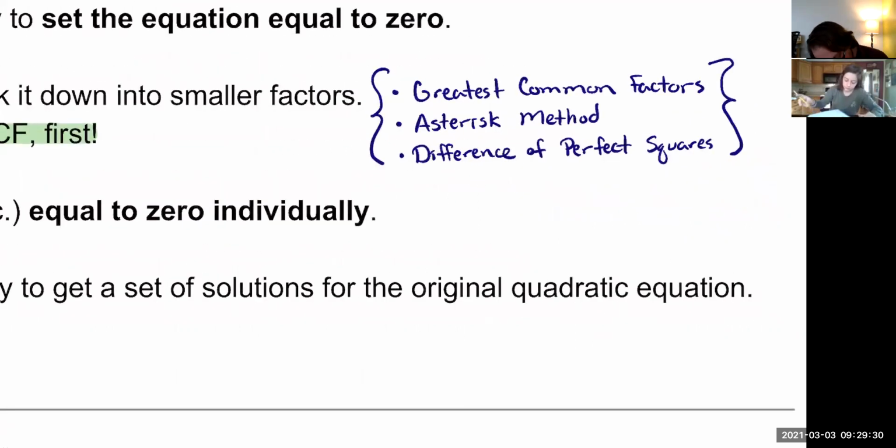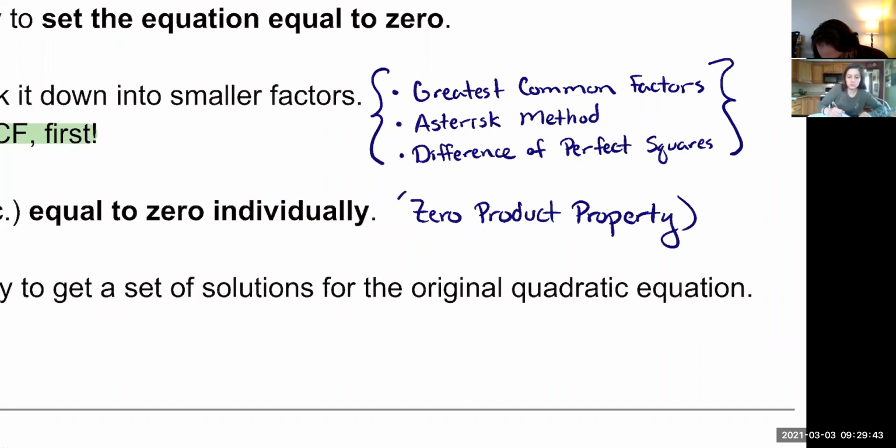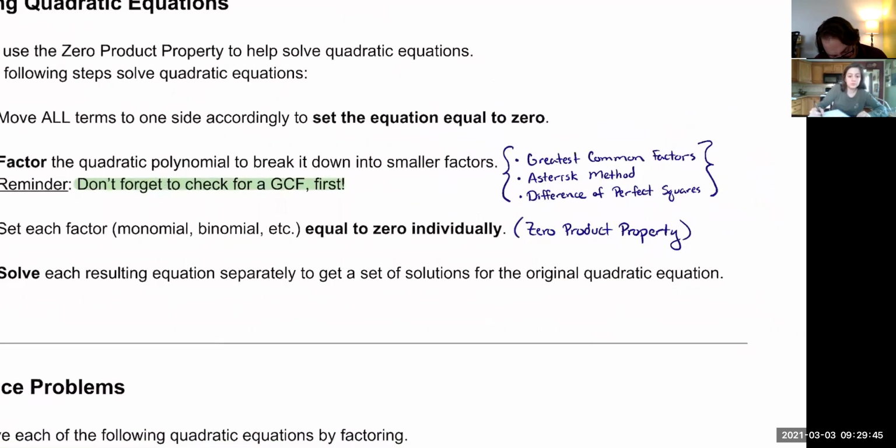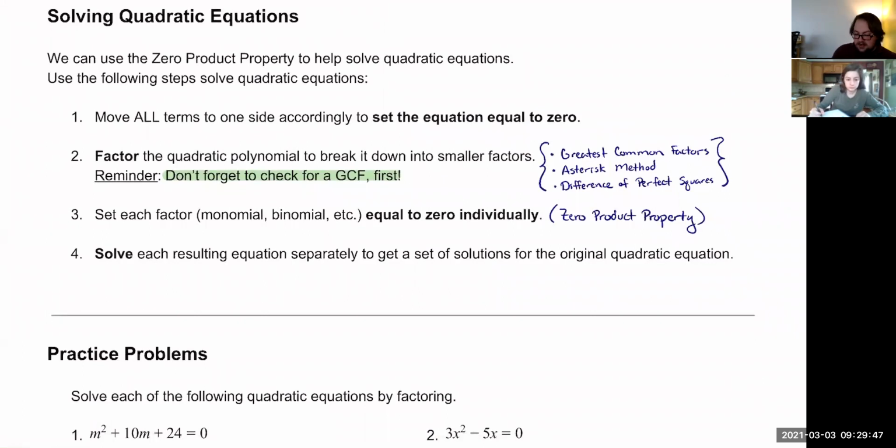It's step 3. This is actually where the zero product property is being utilized. Because the zero product property says that if you have a product set equal to 0, at least one of the parts of that product must itself be 0. And we'll see this in action here momentarily.